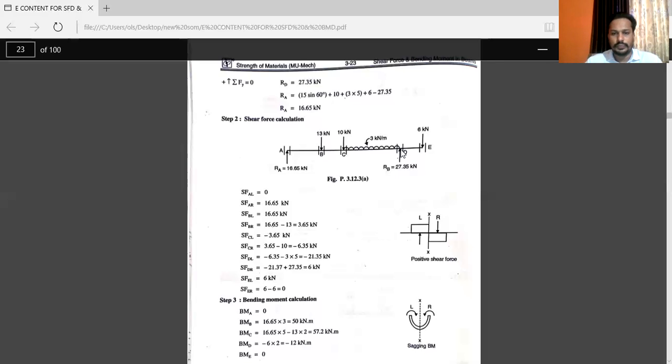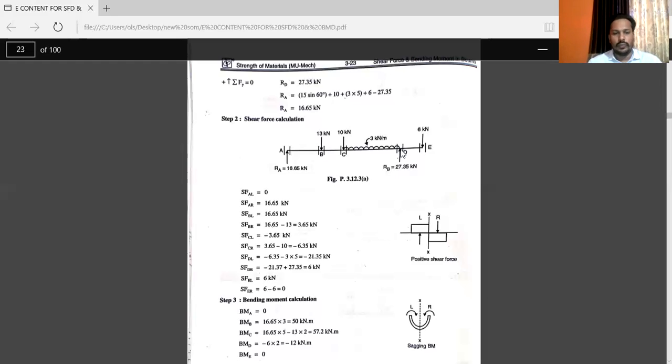So according to the sagging hogging concept, it's a hogging. So minus 6 into 2 is equal to minus 12 kilonewton into meter. So hogging because right side of the section 6 kilonewton is clockwise.